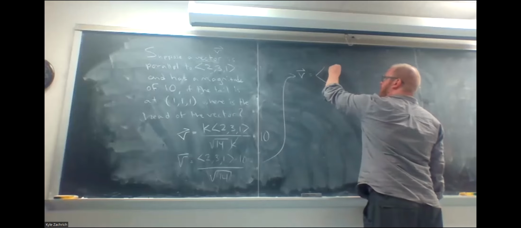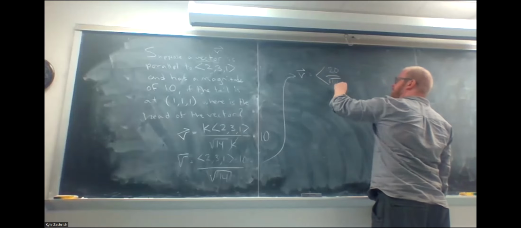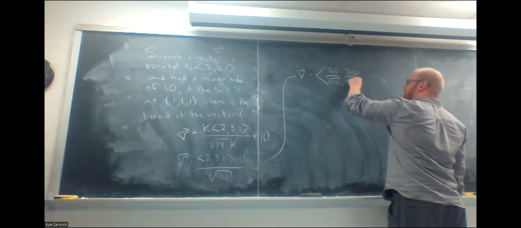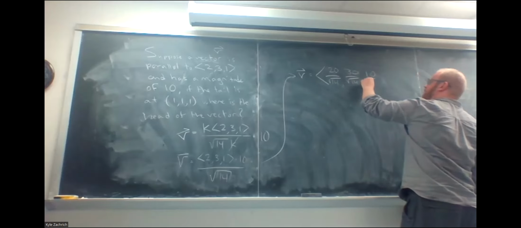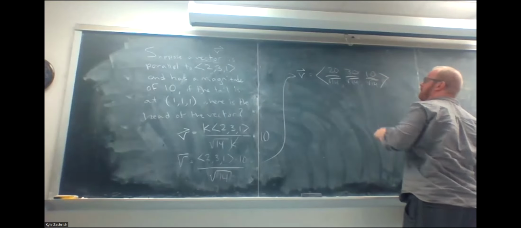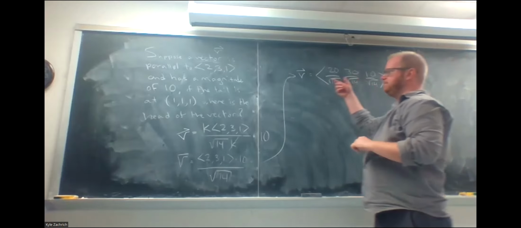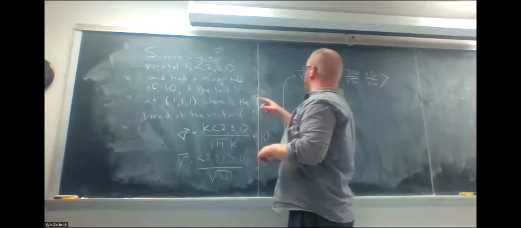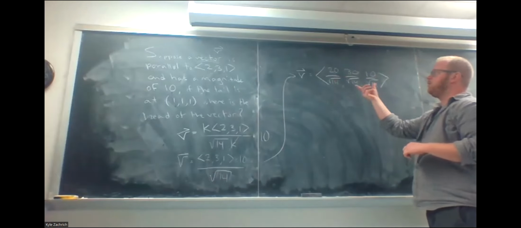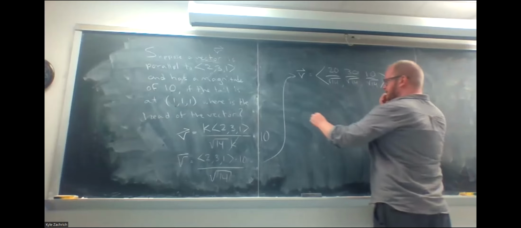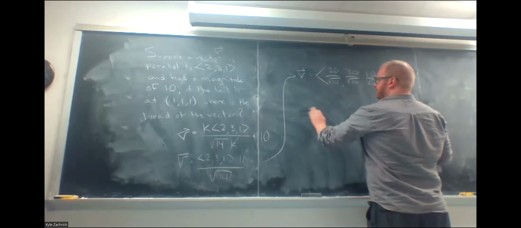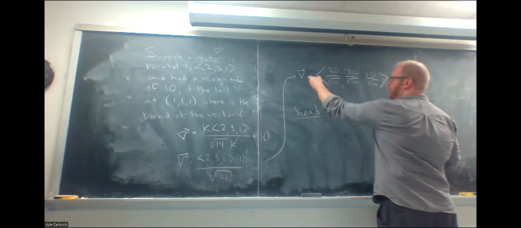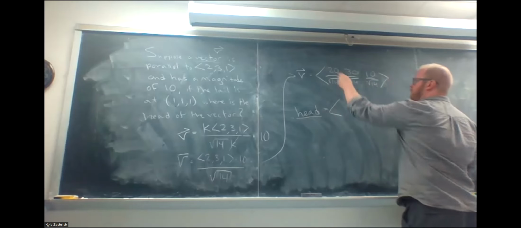So the first one will be 20 divided by square root of 14. This next one will be 30 divided by square root of 14. And then 10 divided by square root of 14. That tells us the vector. If the tail is right here, that means it's starting at 1, 1, 1 and going this far. So the head or the end point of the vector v is just going to be 1 plus this.